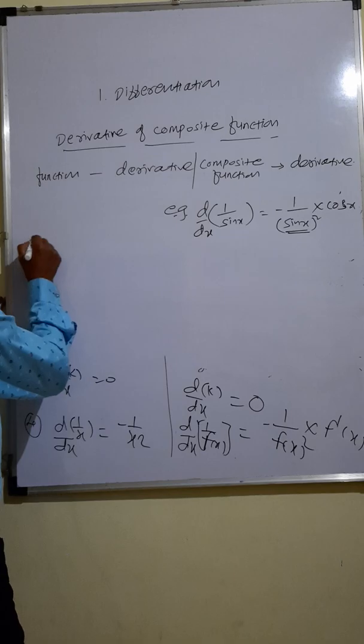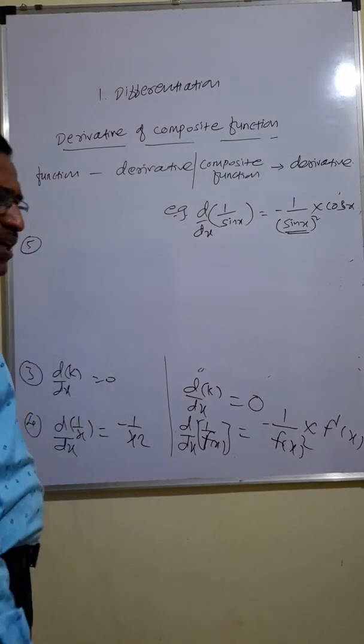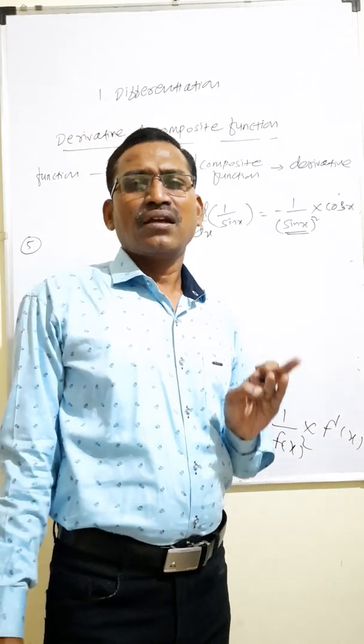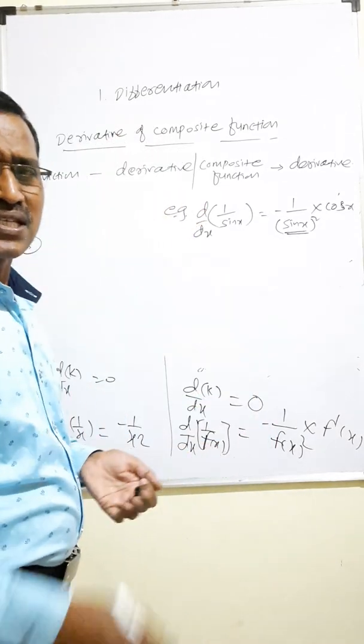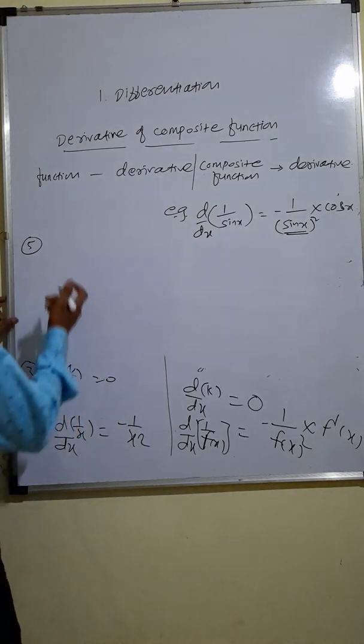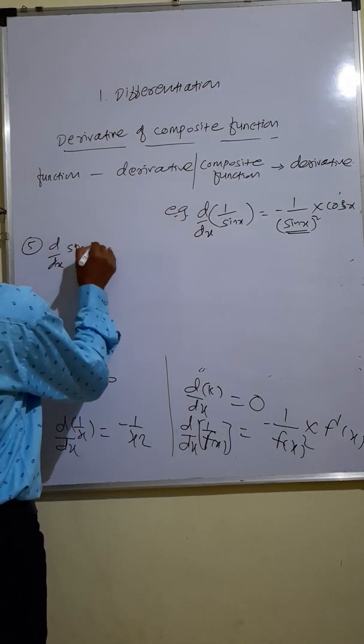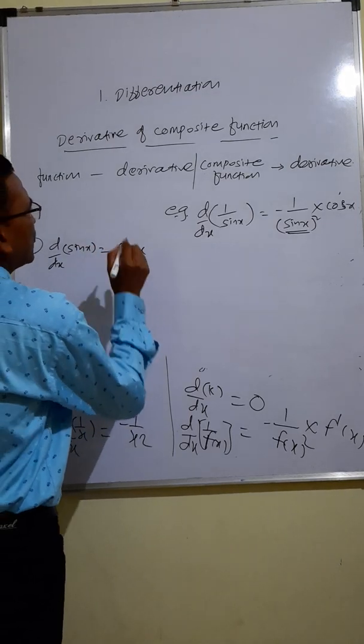Next, fifth number. So we take the trigonometric functions. There are 6 trigonometric functions: sine, cos, tan, cot, sec and cosec. The derivative of sine, we know, is cos x.